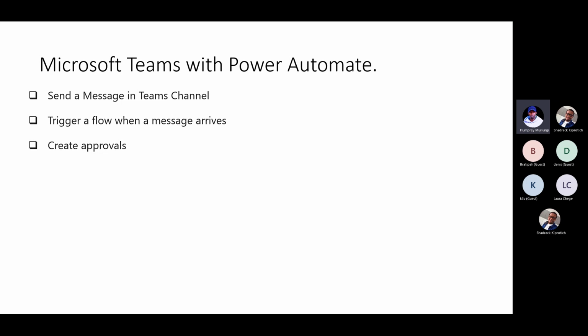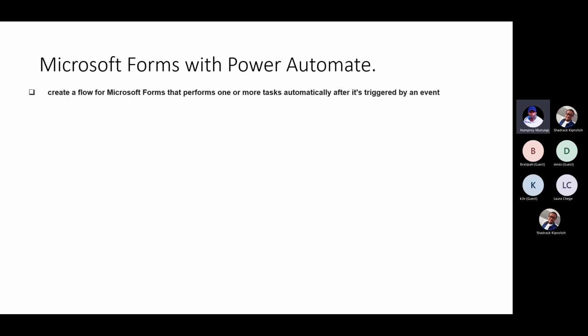So let's see the next thing. You can also use Microsoft Forms with Power Automate. This is the most used combination for Power Automate and Microsoft Forms. This is how you use Power Automate to collect the feedback from the forms that are filled by the respondents.